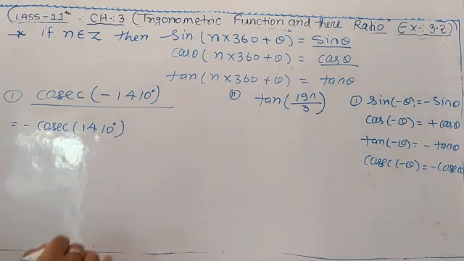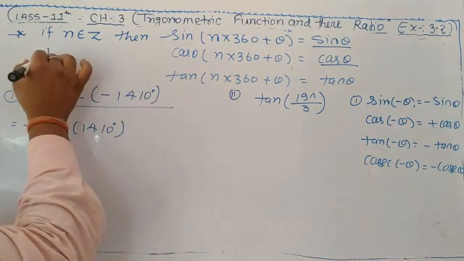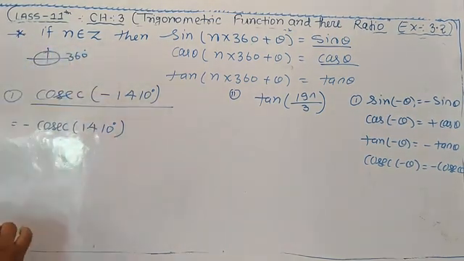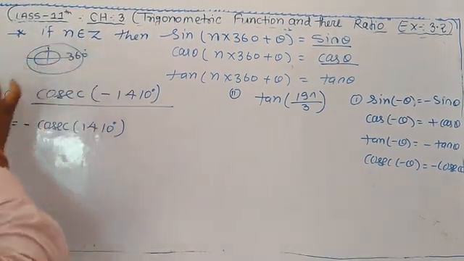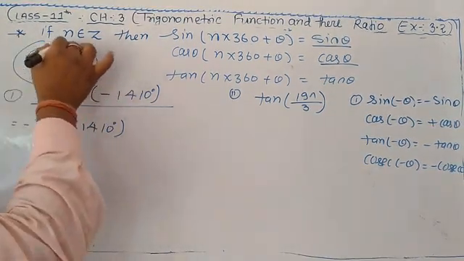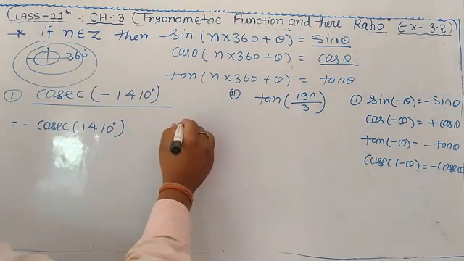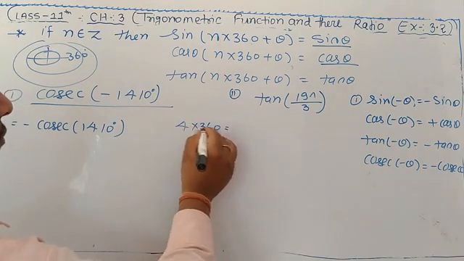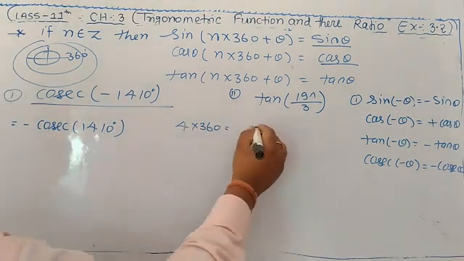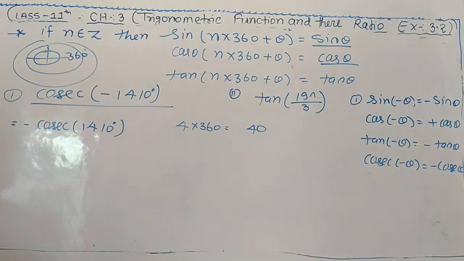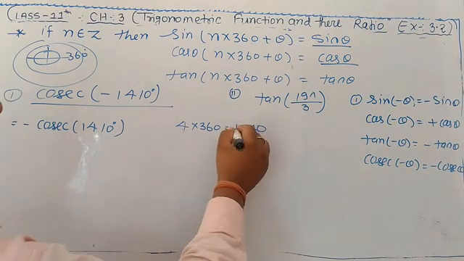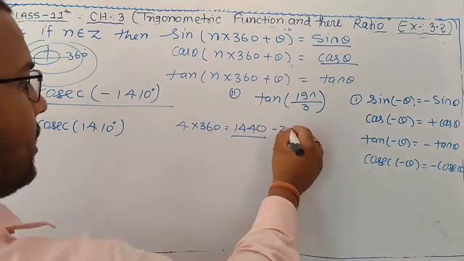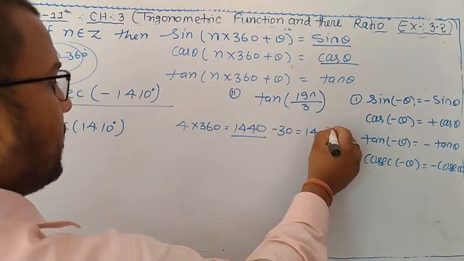1410 degrees: at most we move through 360 degrees. One round is 360, two rounds 720, three rounds and four rounds. 4 into 360: 4 times 0 is 0, 4 times 6 is 24, and 4 times 3 is 12, so 1440. 1440 minus 30 is equal to 1410 degrees.